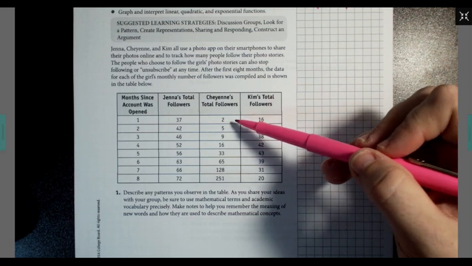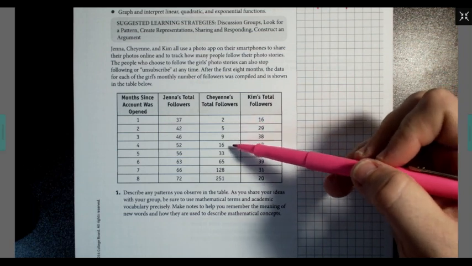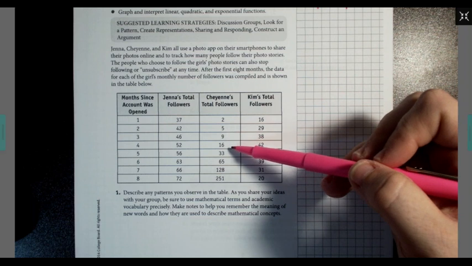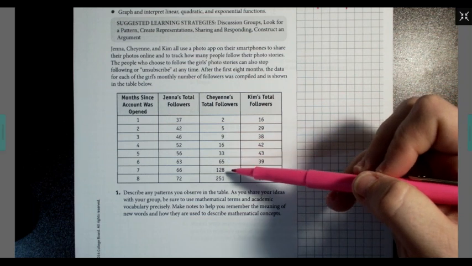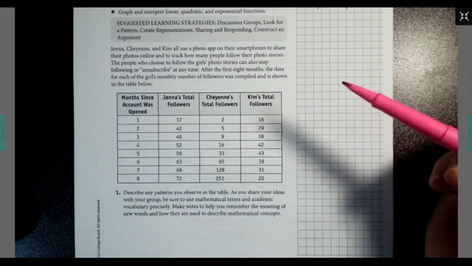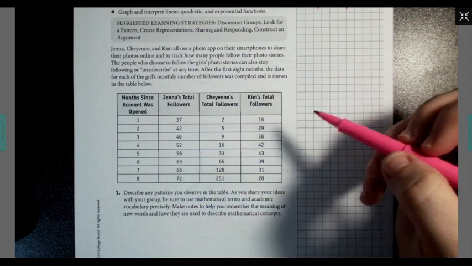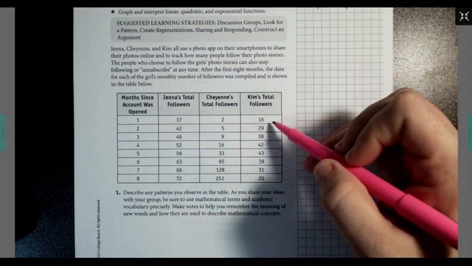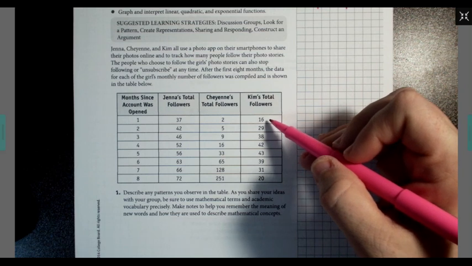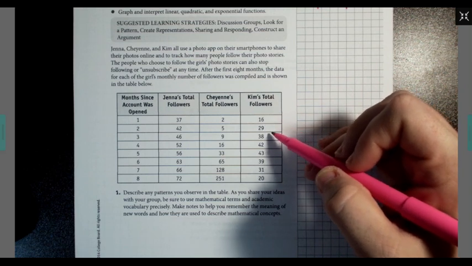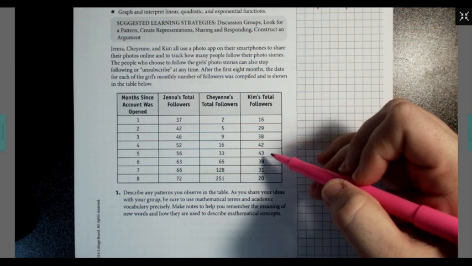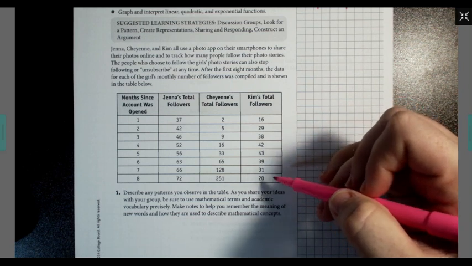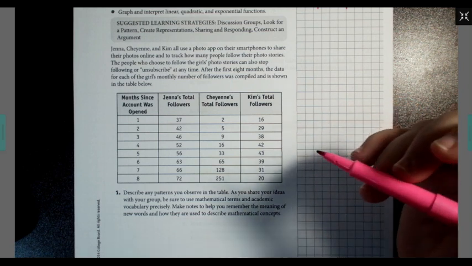Cheyenne's followers, she had 2, 5, 9, 16, 33, 65, 128, 251. Kim's followers was 16, 29, 38, 42, 43, 39, 31, 20.